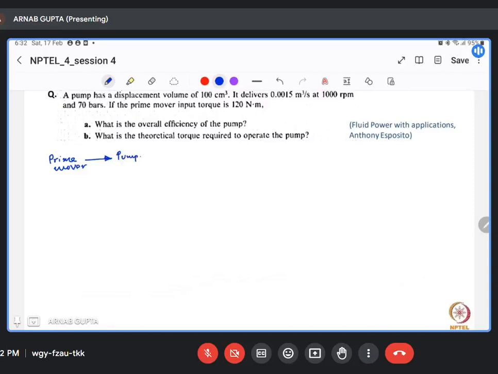I'm saying impeller, but impeller isn't the correct denomination here, because an impeller is used only in hydrodynamic pumps, not in hydrostatic pumps. Next, we have the pump. The pump delivers the energy to the liquid, or the hydraulic fluid.